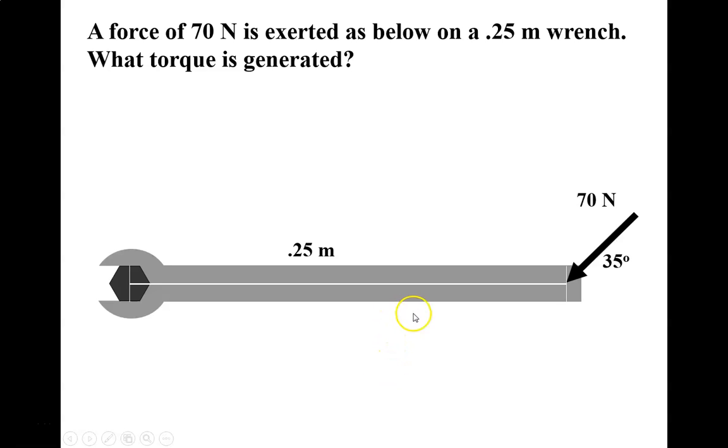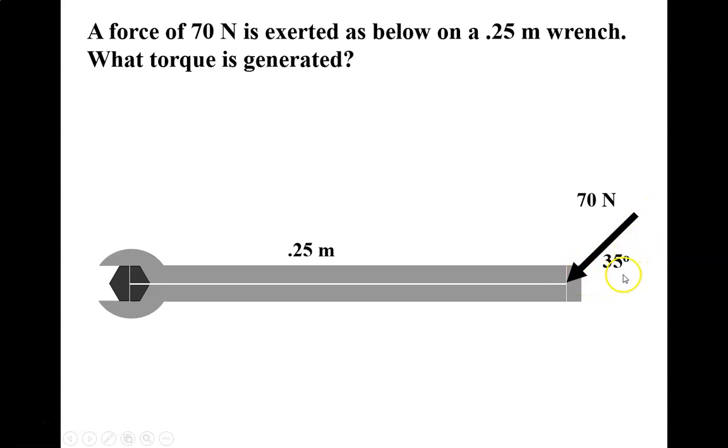I didn't actually work this problem, but I'll tell you how we would work it. Let's say we've got a quarter meter wrench. We're going to apply 70 newtons at an angle of 35 degrees. So, if we were to figure out the amount of torque that we're going to generate, what we would need to do is break this apart into its two components.